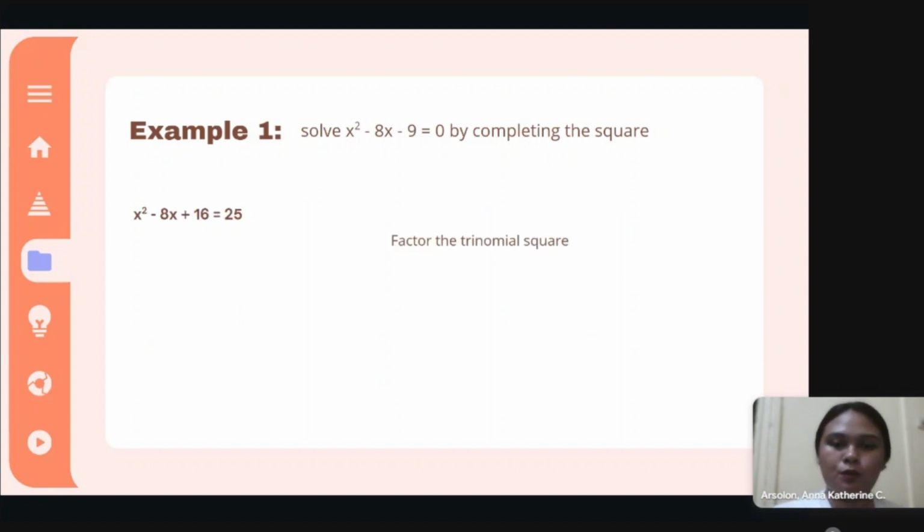Next, we need to factor the trinomial square. So we factor x squared minus 8x plus 16, and we get x minus 4 squared, equals 25. Now next is to extract the square root of both sides.